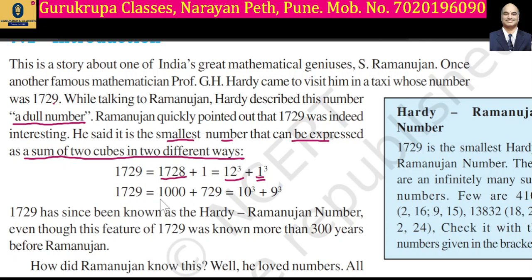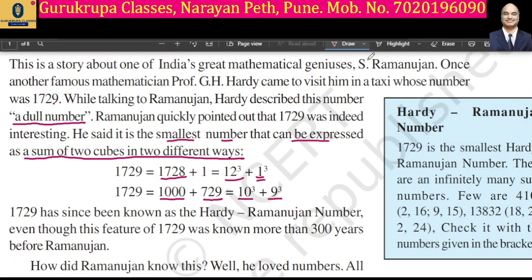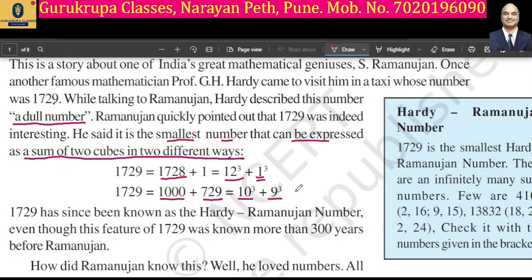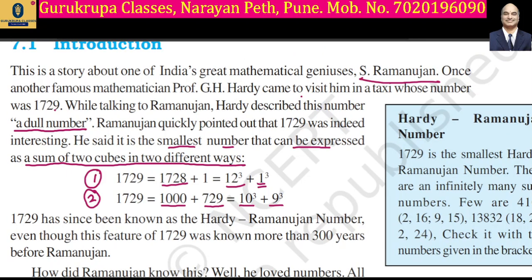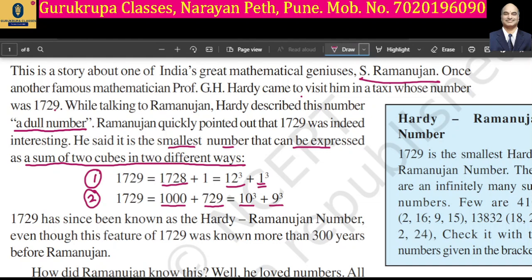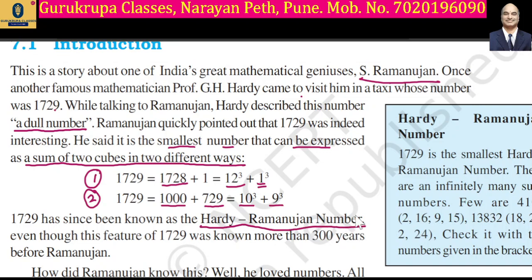Second way: 1000 plus 729. 1000 is the cube of 10, and the cube of 9 is 729. So 1729 has since been known as the Hardy-Ramanujan number, because this story happened over there.